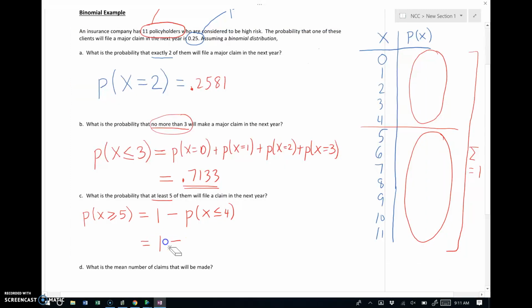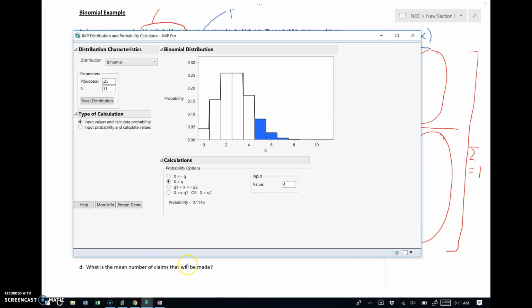So let me get rid of that. This will be equal to 0.1146. Now, that would be the same thing if you went to JMP and did less than or equals to and put a 4 in there and got this 0.8854 and then subtracted that answer from 1.